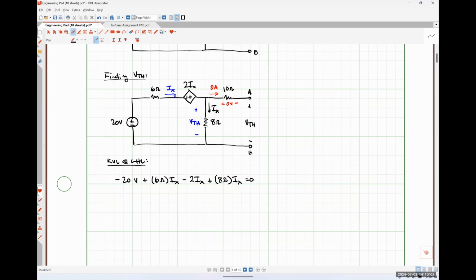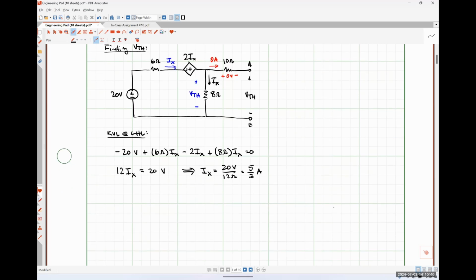So that looks like 12 Ix is equal to 20 volts. Therefore, Ix is 20 volts over 12 ohms. So that's going to be 10 over 6 or 5 over 3. Dividing by 4, yeah, 5/3 of an amp.